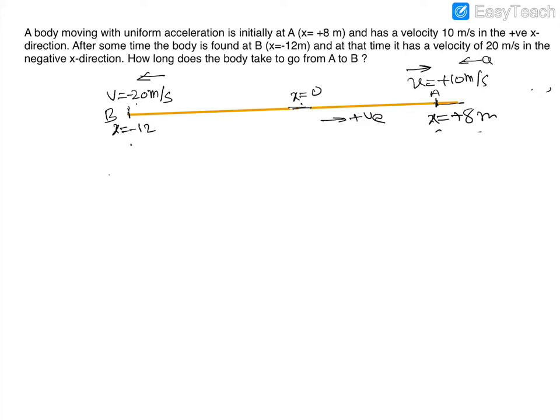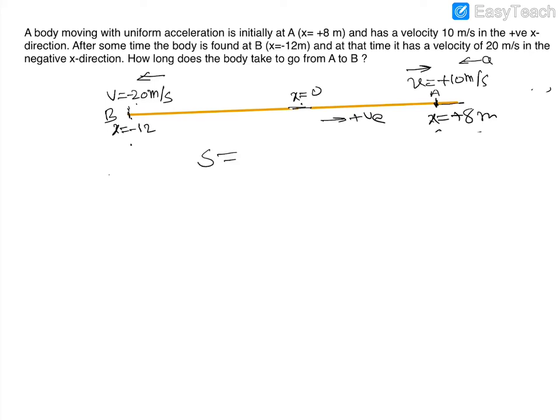So what you can do is first find the acceleration, because we know v square minus u square is equal to 2as, and from there we can find the acceleration, right? To find that, we should find s, and its initial position is A and final position is here. That means you will find the displacement.